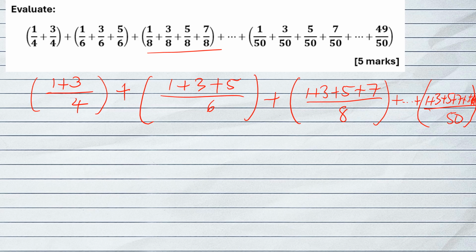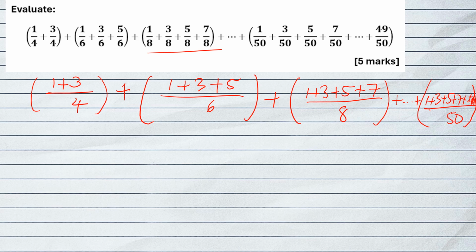You can see that this last sum is like the last term, because it says plus dot dot dot plus, but we can determine its value by simply getting the sum on top.